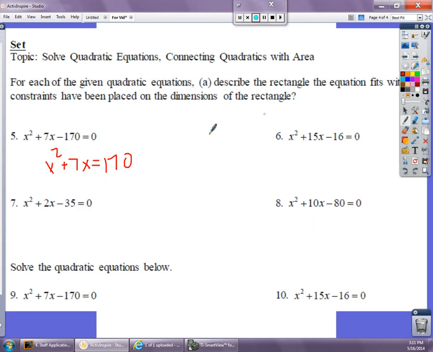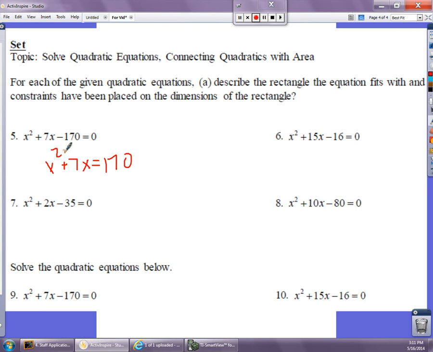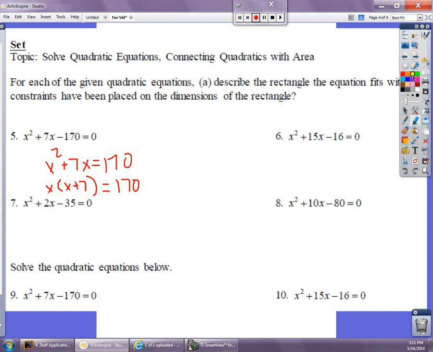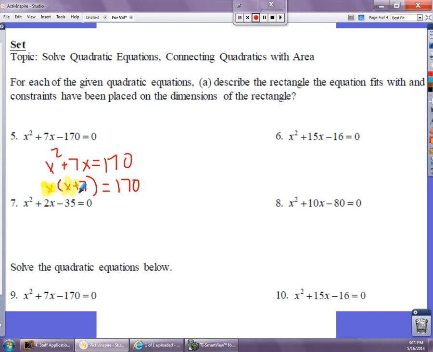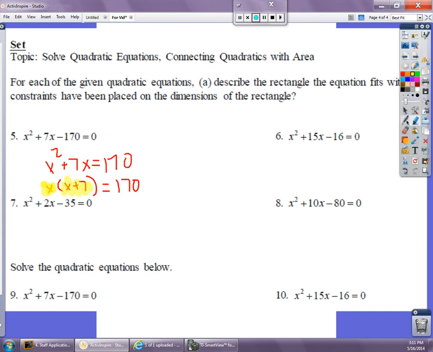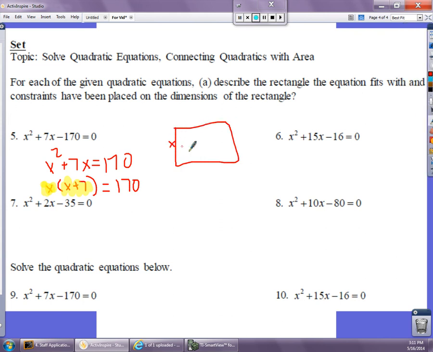If we take the GCF of this side, which is x, I can find that the two factors are x and x plus 7, which equals 170. Now you can see that your two dimensions are x and x plus 7. That tells you the rectangle has a length that is 7 more than the width, and an area of 170.